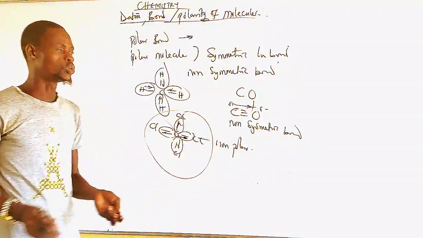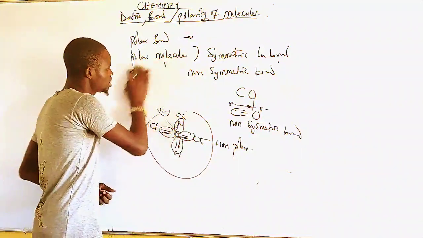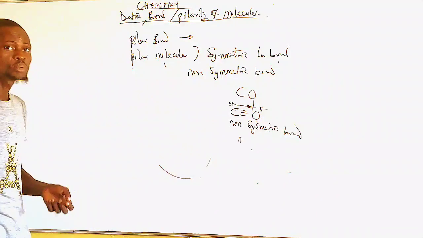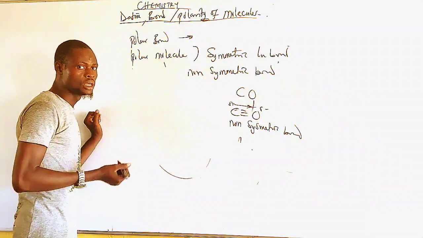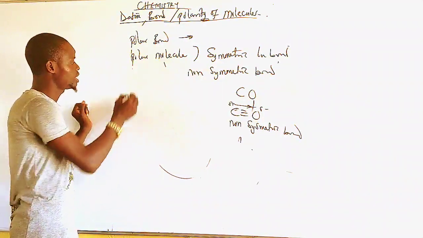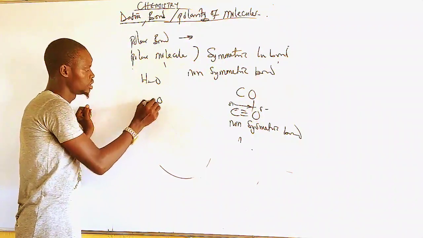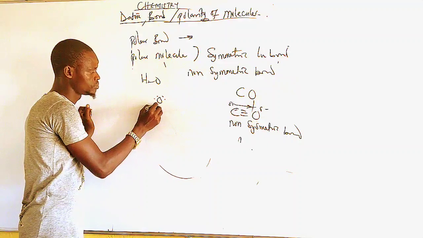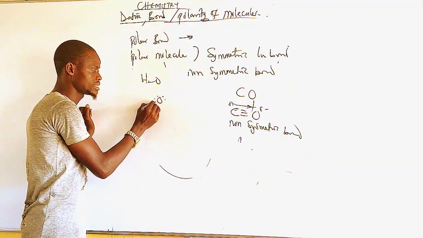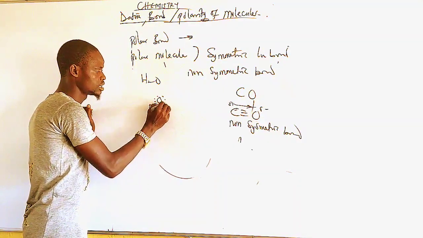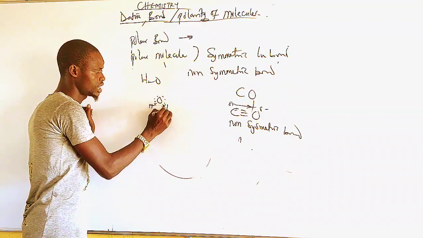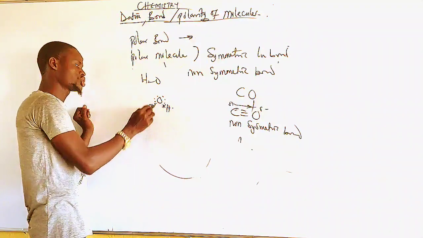They are non-polar molecules. Now, look at all these ones that are polar. Examples of molecules that are polar and their bonds are also polar. Water. Water is a polar molecule because if you take its structure, due to the lone pair that water has, it only has hydrogen here. Altogether, the shape is like this.